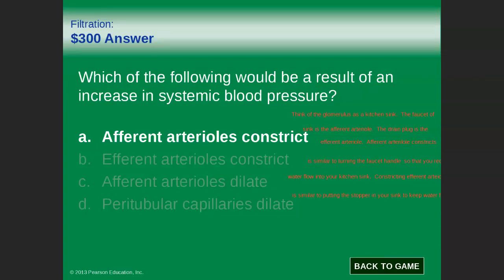If you think of it like that, you remember that if you have an increase in systemic blood pressure, the afferent arterioles constrict, and that would be a result of increase in systemic blood pressure.